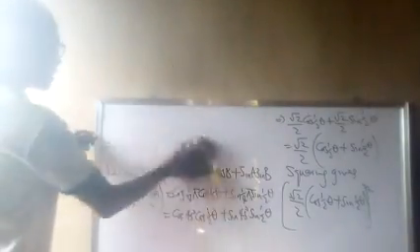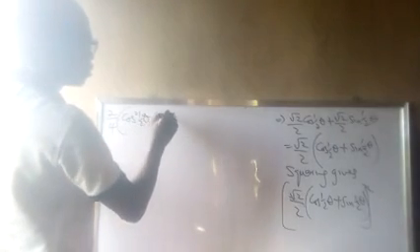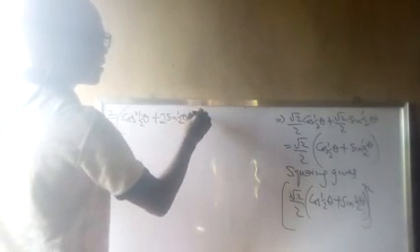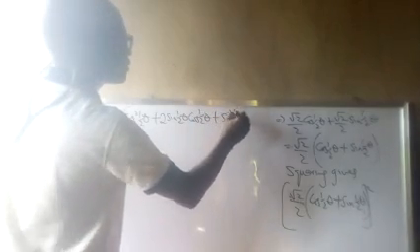So with that, let's look at what happens now. The expansion will be 2 all over 4, because root 2 squared is 2. Then by the time we expand this, we have cos square half theta plus 2 sine half theta cos half theta plus sine square half theta.